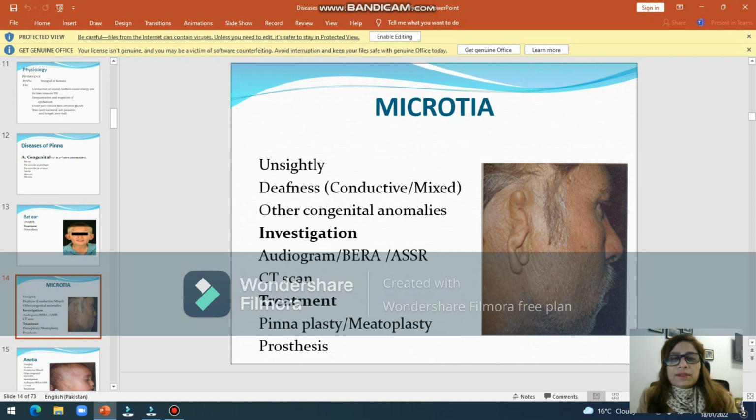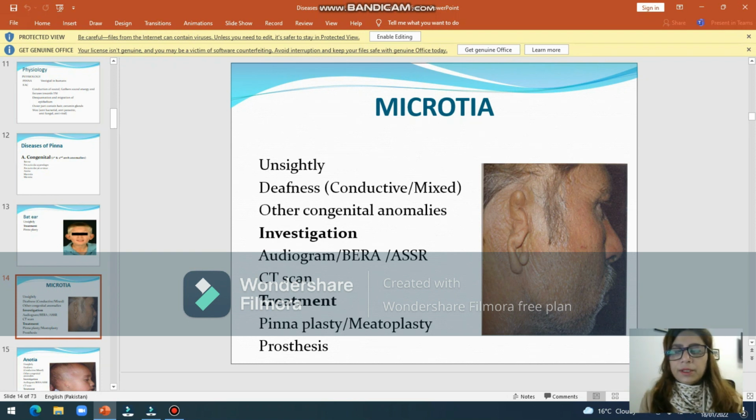You should advise a CT scan, because CT scan can diagnose any blockage, any atresia, any anomaly of the inner ear. So treatment again is pinnaplasty.